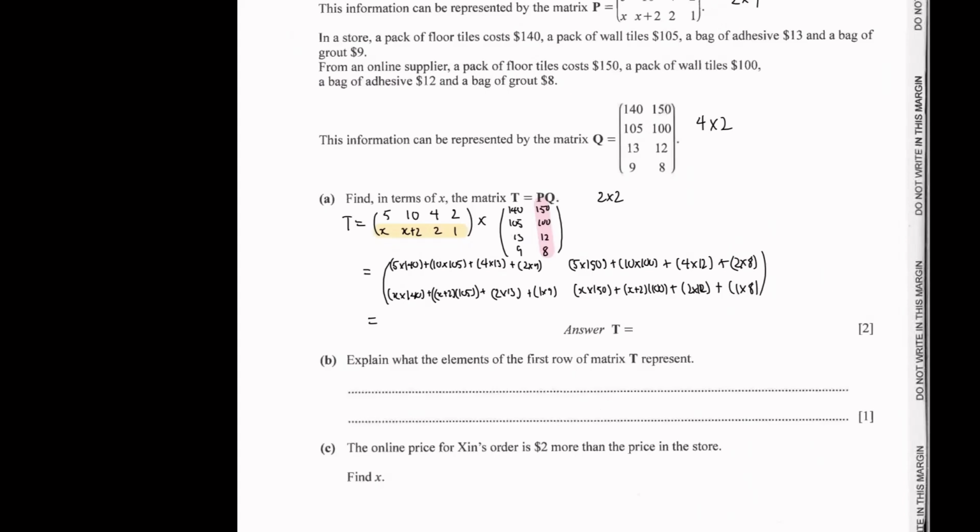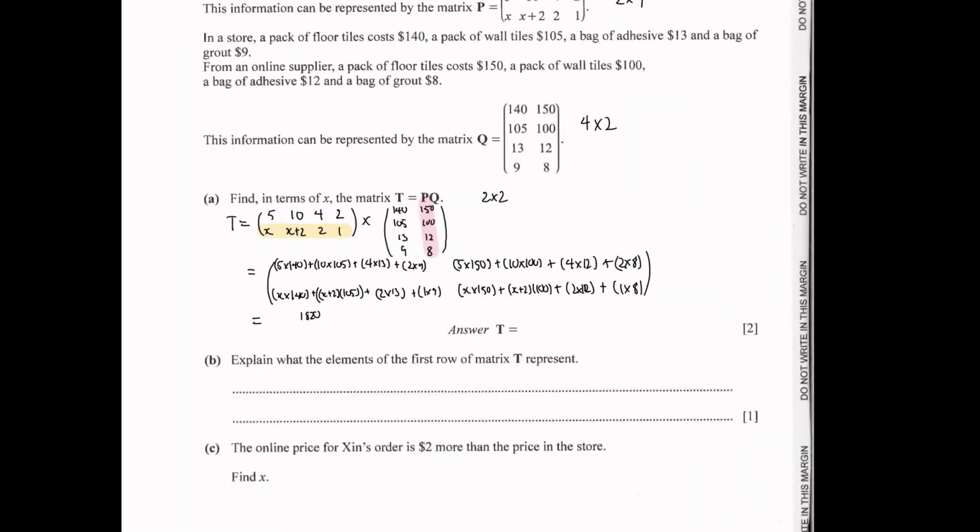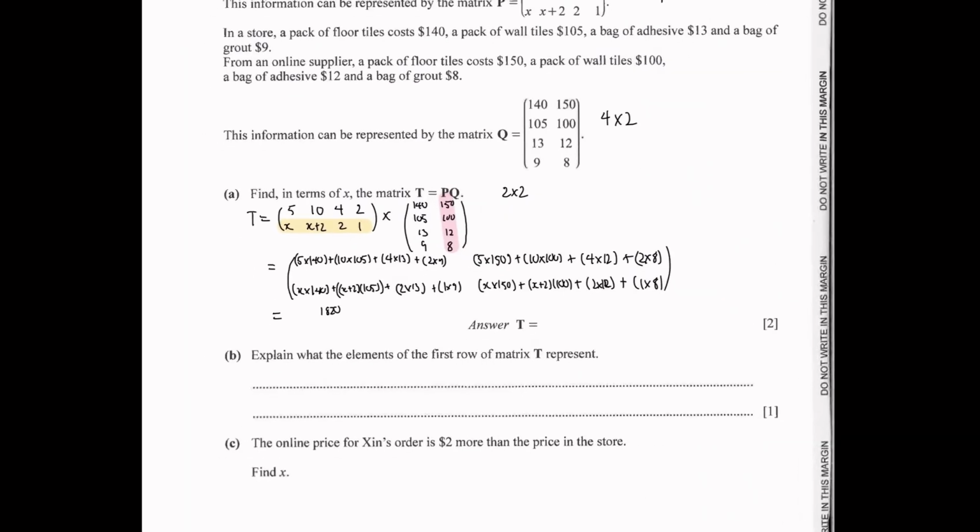Okay, so bear with me, this is going to take a while. Okay, so we have 1820, and then we are going to have 1814, then 245x plus 245, and finally 250x plus 232.